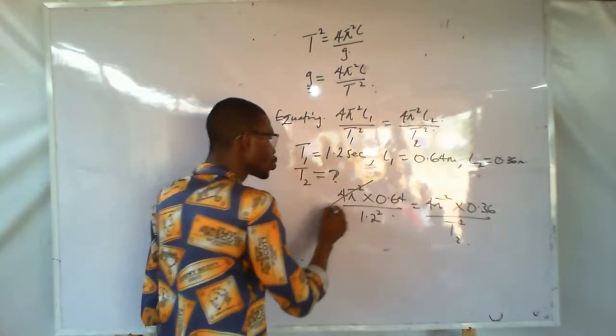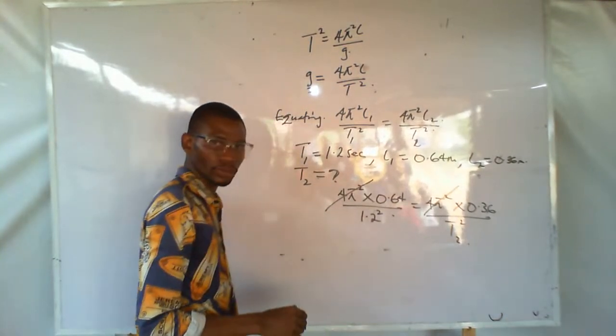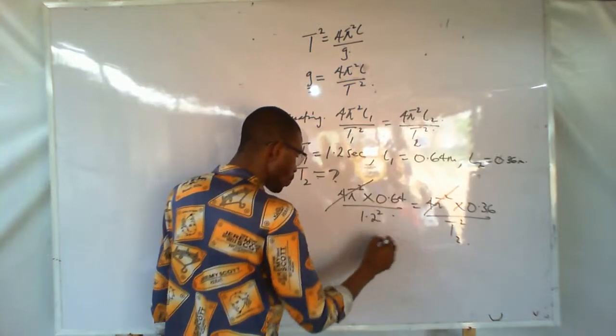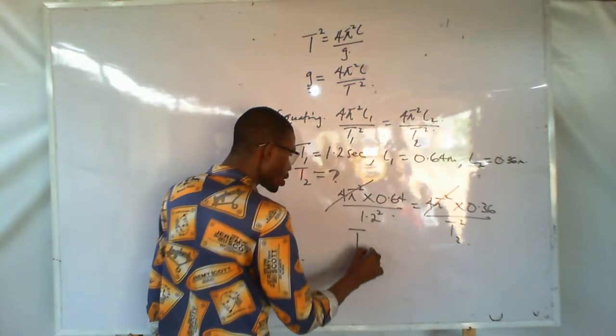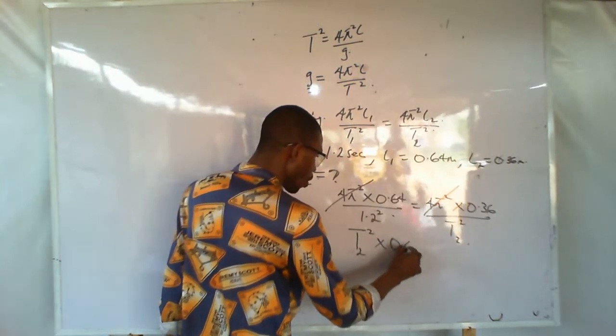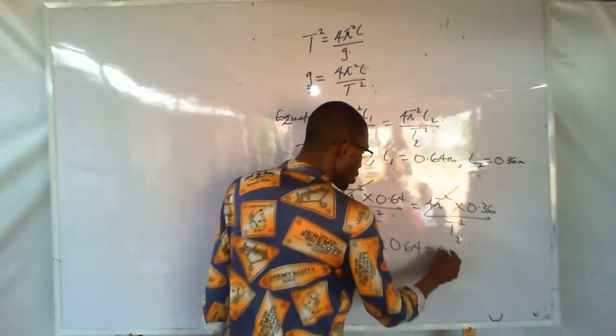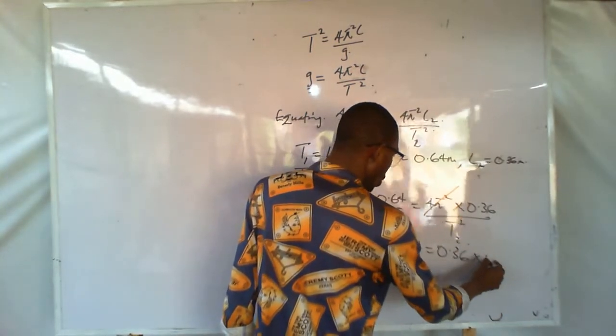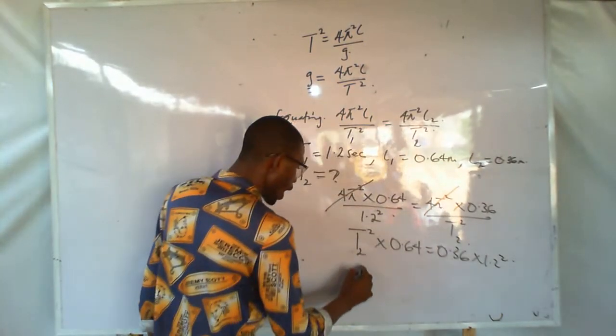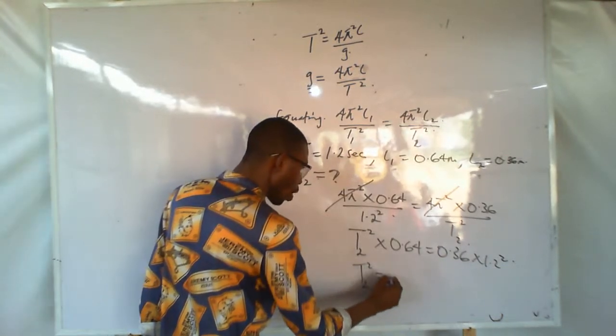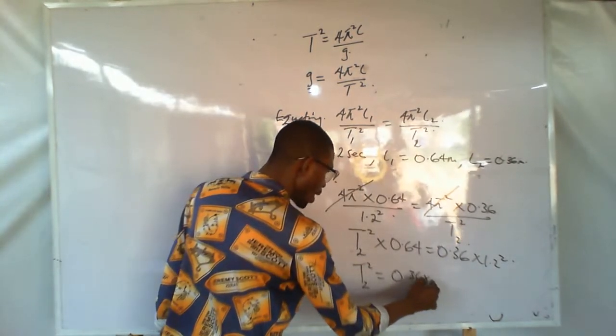So now I'll cancel the 4 pi squared out, then cross multiply. This gives T2 squared times 0.64 equals 0.36 times 1.2 squared. Then T2 squared equals 0.36 times 1.2 squared over 0.64.